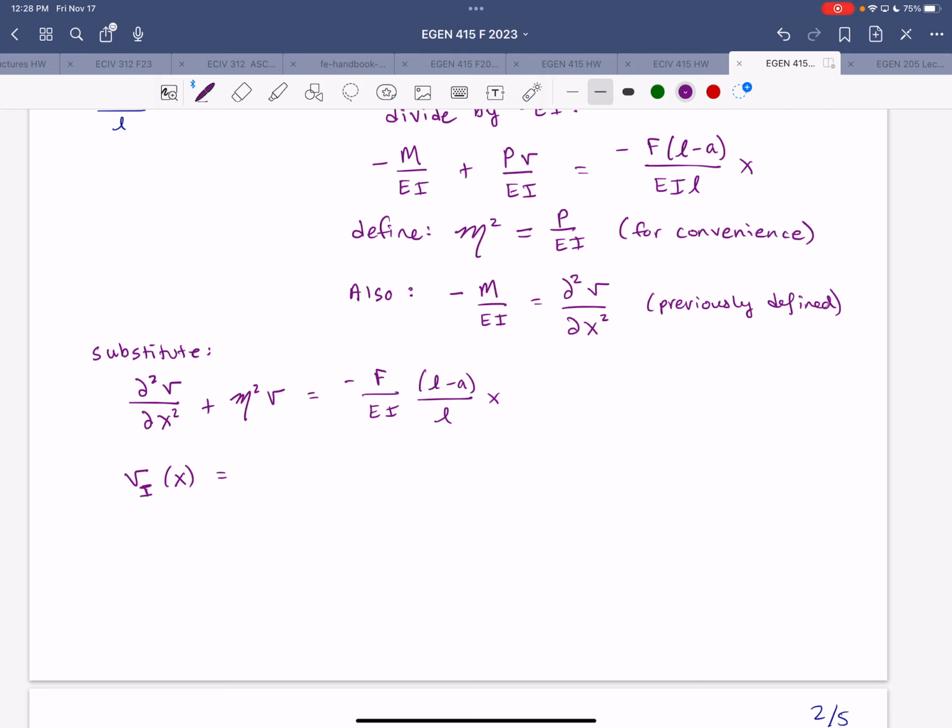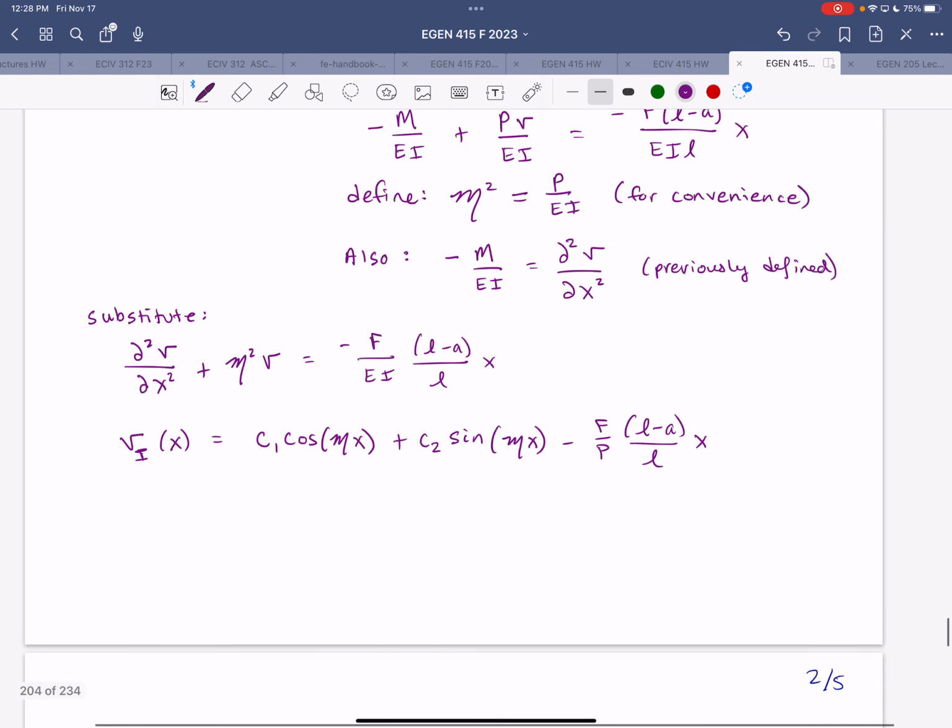This solution will have the form of a constant C1 times cosine of mx plus constant C2 times sine of mx minus F over P times the quantity (L minus a) over L times x. This equation is applicable for x between 0 and the location of the applied transverse load, which is defined in the figure as lowercase a.